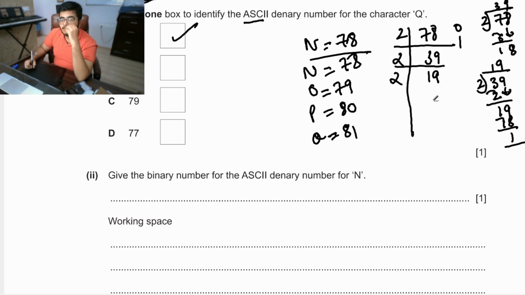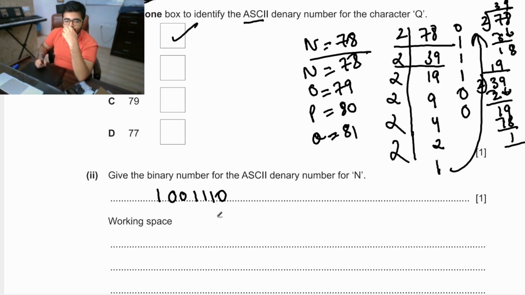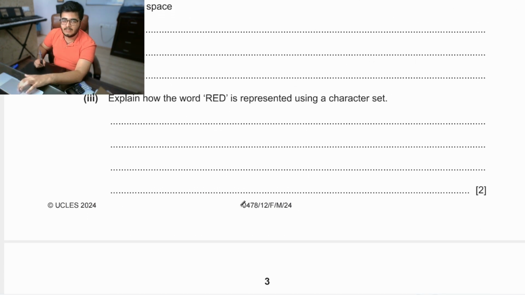Then 2 9s are 18, again remainder is going to be 1. 2 4s are 8, again remainder is going to be 1. 2 2s are 4, again remainder is going to be 0 now. 2 1s are 2, remainder is going to be 0. So our answer will be 1 0 0 1 1 1 0. So we move in this direction. However, this is 1 2 3 4 5 6 7 bits. We have to make it 8 bits. This is the correct answer.